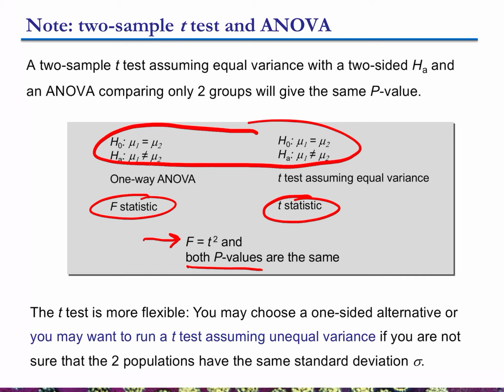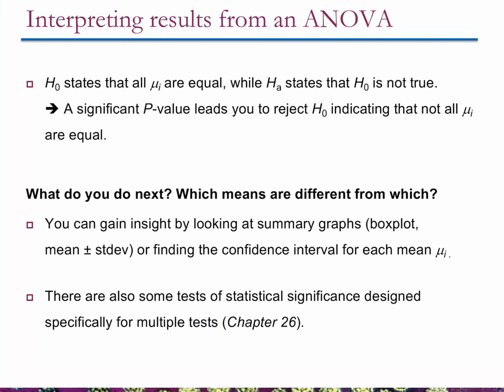So if you think you might be violating that, you could do a 2-sample t-test and check assume unequal variance, and that helps to protect you a little bit, okay? But basically, if you have 3 or more samples, you have to do the ANOVA. If you have 2 samples, just do a t-test. It's cleaner. You have more options.